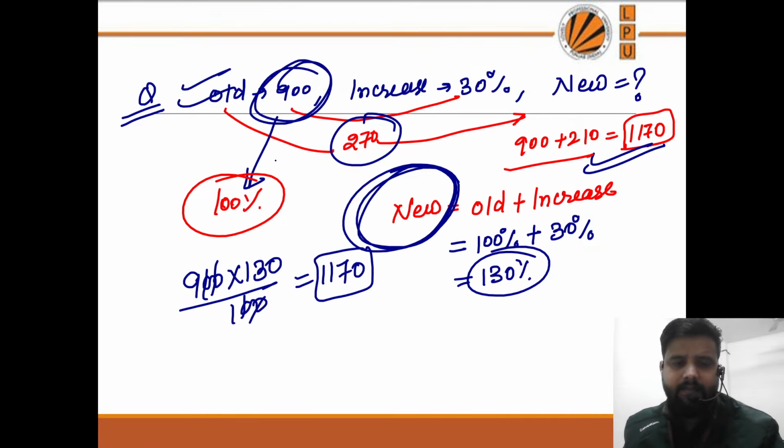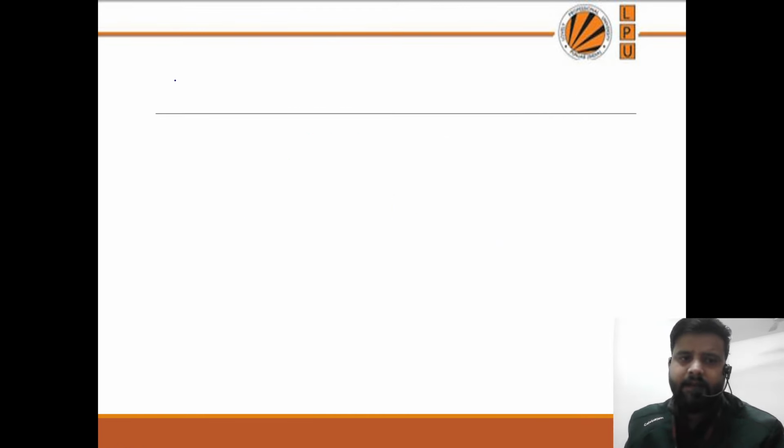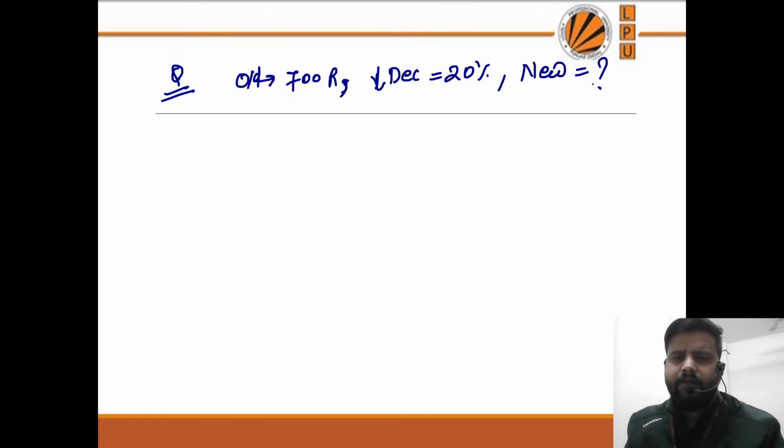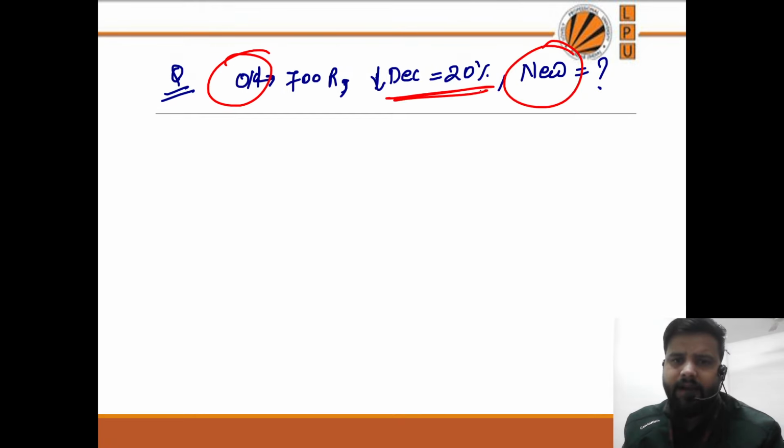Okay, let's take another example. Let's say the question is, the old price of something is 700 rupees, and the price is decreasing by 20%. Now I am asking you the new price of this product. You have the old value, and the new value is to be found. It is a decrement of 20%.